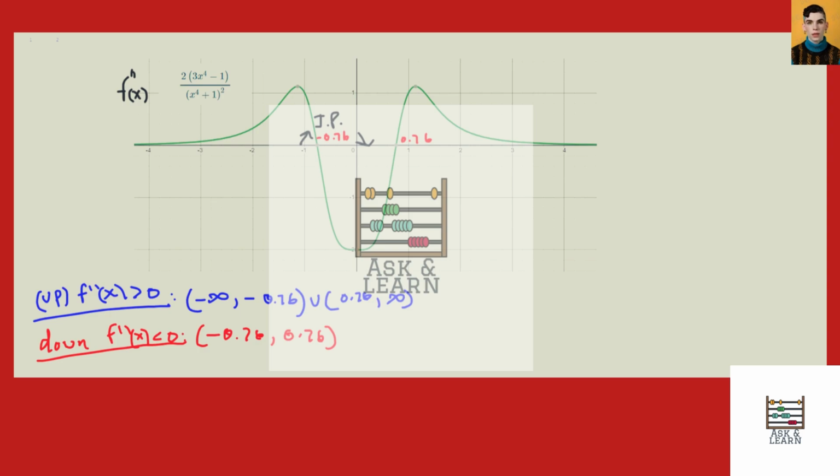And for our other x-intercept at 0.76, it is concave down to the left, concave up to the right. So we also have another change of concavity there. So we found our points of inflection. We found intervals where the function is increasing, decreasing, concavity, and we found our extreme value.